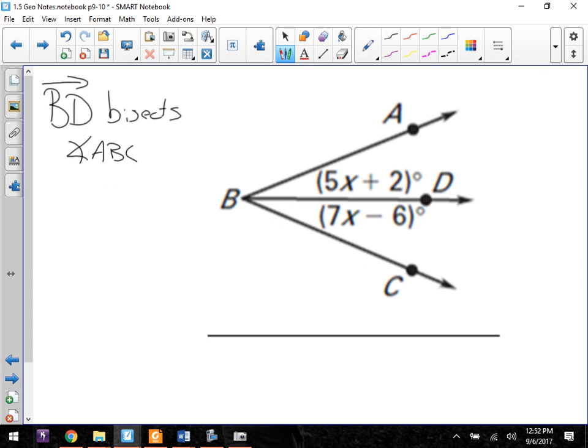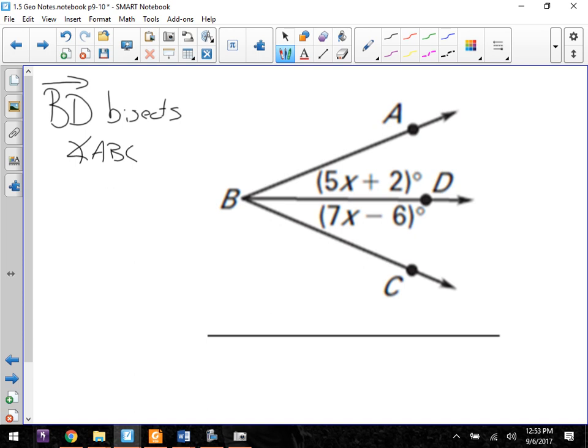If I say that in this diagram, basically the same thing, BD bisects the angle ABC, then you have some algebra thrown at you, which means that when I draw this, I know that I'm going to have two equal congruent angles. So all I need to do then is, BD bisects the whole thing. We get two congruent angles that are created.